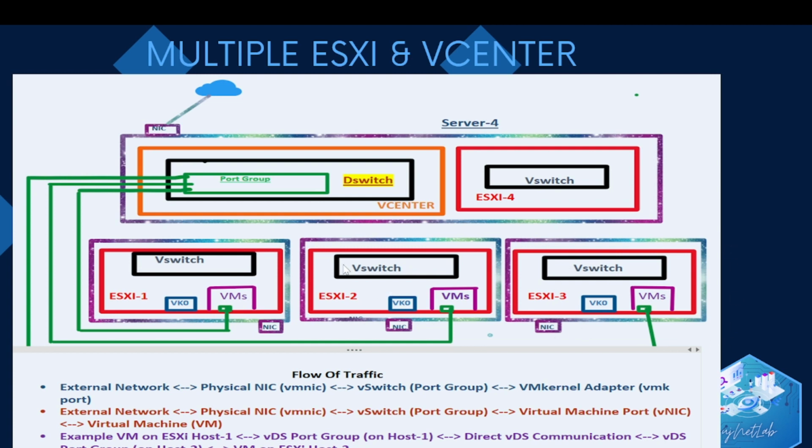Inside each ESXi host we have, let's say, one vSwitch each in black color, and we have VMs. You can see the physical NIC here, and this NIC is connected to the external network. On the fourth server, we installed the ESXi also, and we also installed the D switch.